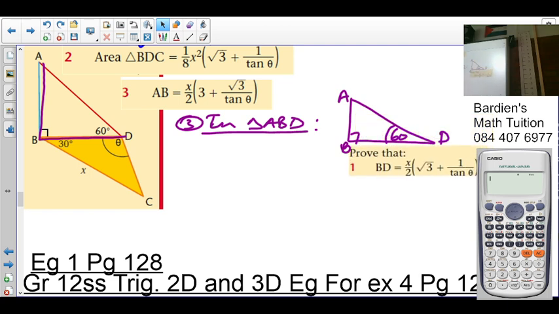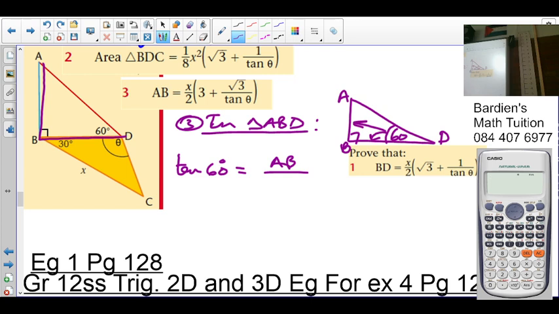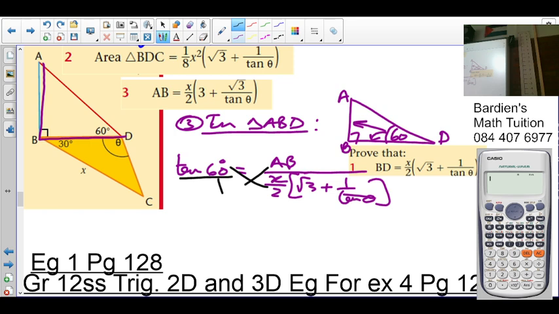Which trigonometric function uses opposite and adjacent? Tan. So tan of 60 equals opposite, which is AB, over adjacent, which is x over 2 into the root of 3 plus 1 over tan theta. Can you see that? So how do I get AB on its own? Cross multiply.